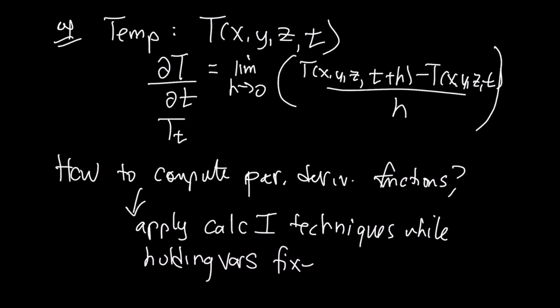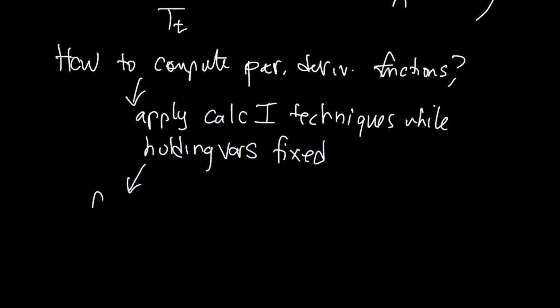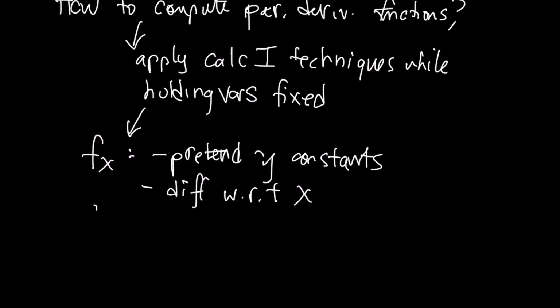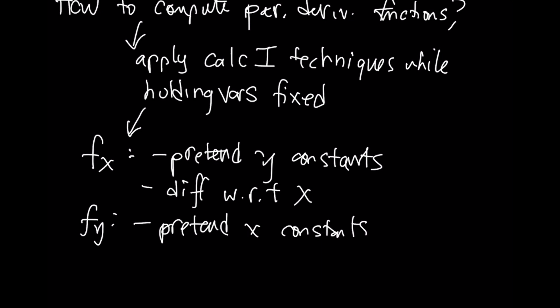If I need to calculate the partial derivative with respect to x, you essentially just pretend all the y variables are constants, and then you differentiate with respect to x. And if you wanted to calculate the partial derivative with respect to y, you essentially pretend all the x are constants, and then you differentiate with respect to y.